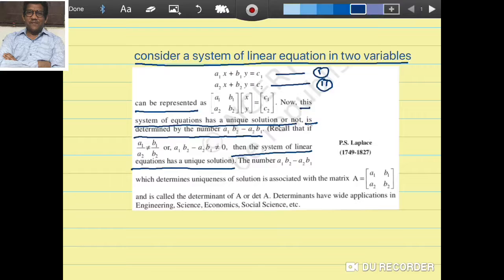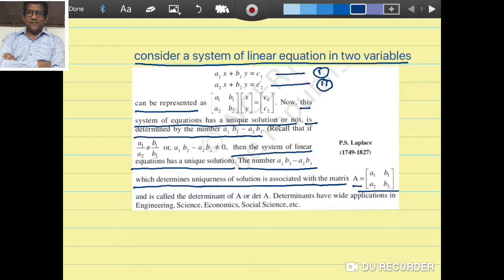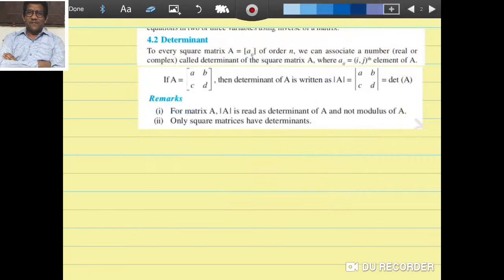So the number a1 b2 minus a2 b1, which determines the uniqueness of the solution, is associated with the matrix A is equal to [a1 b1; a2 b2] and is called the determinant of A, or determinant A. Now, the determinant of a matrix.